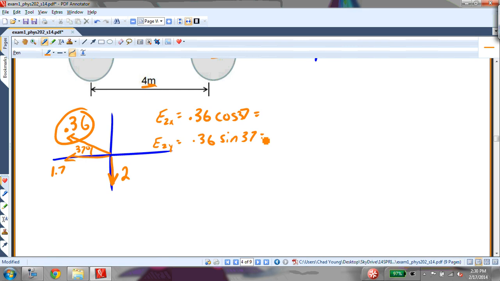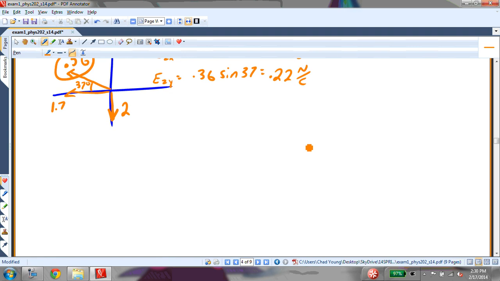And let's see, I get 0.22 for the y component and 0.29 for the x component. Okay, now I can just redraw this again.